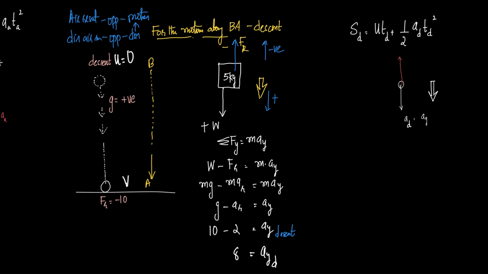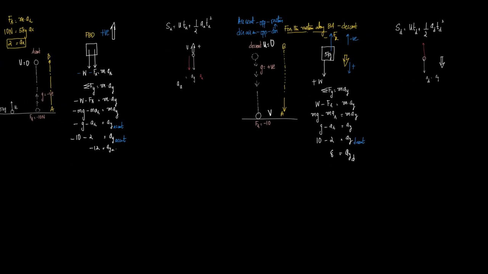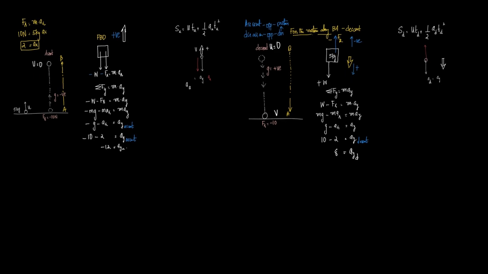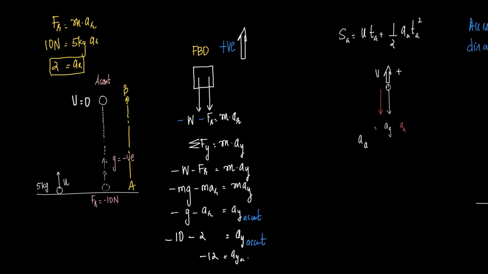Now, if this idea is clear, we'll move on to the next part of the solution, wherein things may become a bit easier to understand. So let us not skip the steps. Let us try to understand the steps in detail one more time.